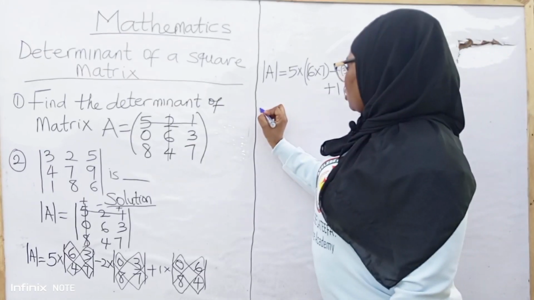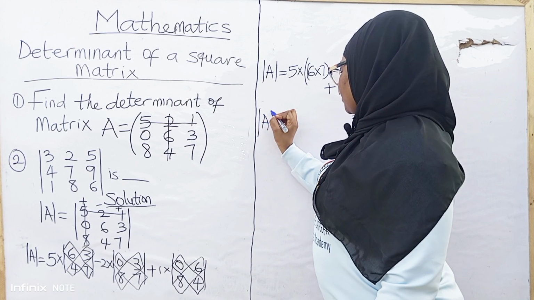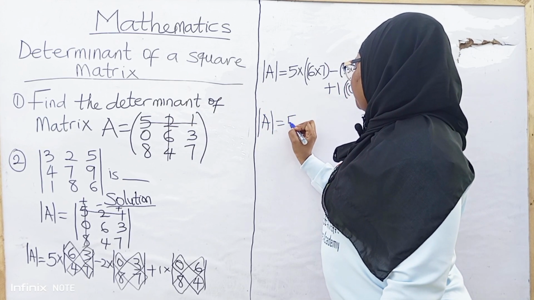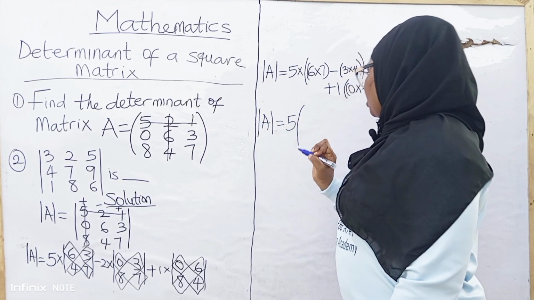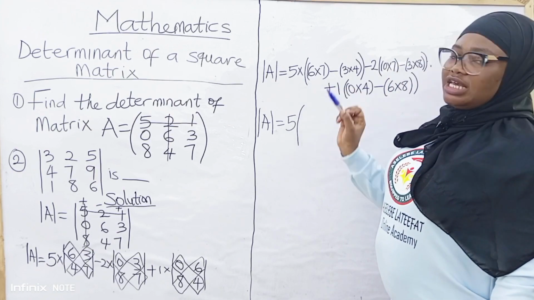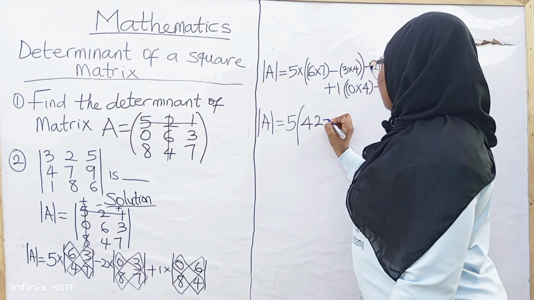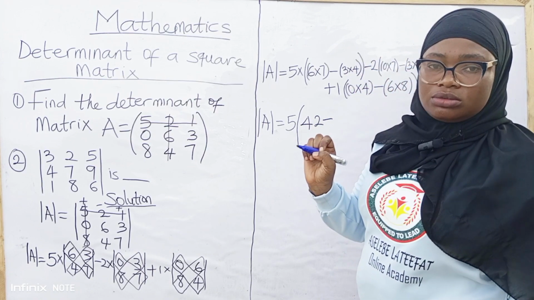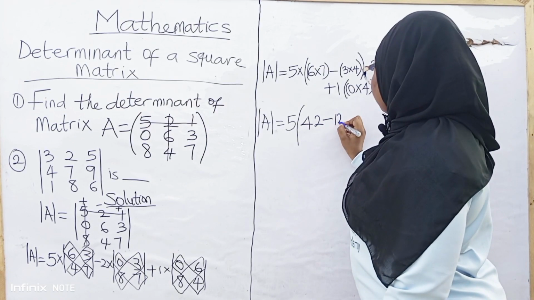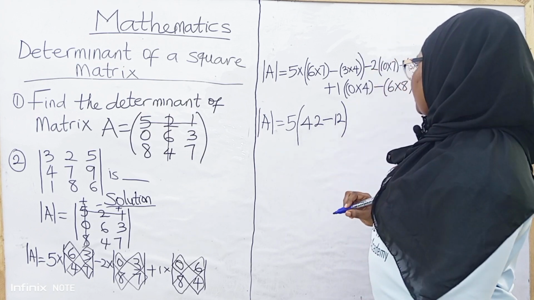So the determinant of A is equal to 5 multiplied by, open brackets, 6 times 7, 42, minus 3 times 4, 12. Close the bracket.